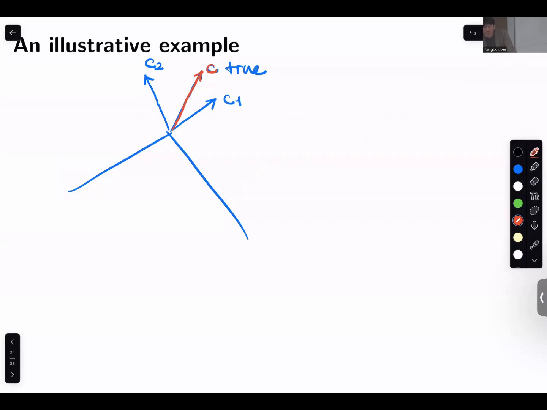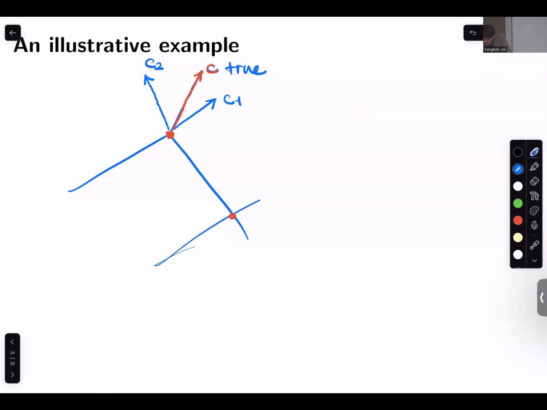Now the purpose of predicting this is to use it for solving an optimization problem. If you use C true, the true C vector, your optimal solution is supposed to be here. If you use the C2 vector, your optimal solution is the same. But if you use C1, what happens? Your optimal solution can be as far as this.